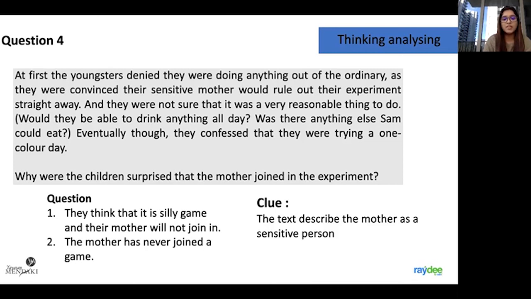And they were not sure that it was a very reasonable thing to do. All right, so why were they surprised? Because the mom was usually a very sensitive person who would usually advise them against all these experiments. Okay, so the answer is they think that it is a silly game and their mother will not join in.